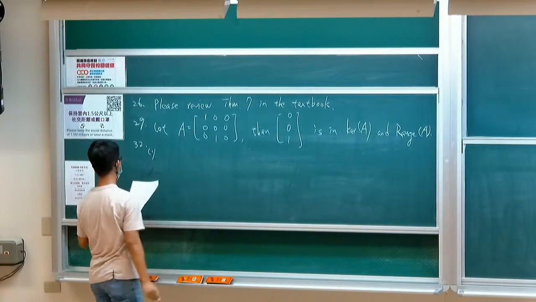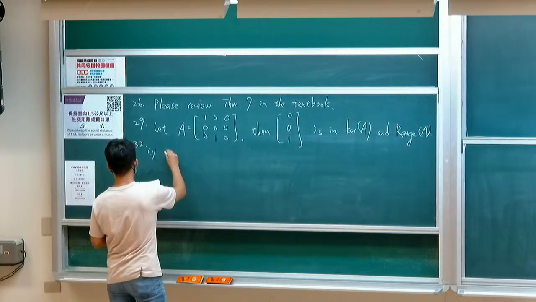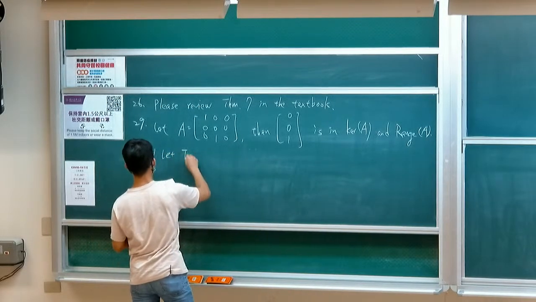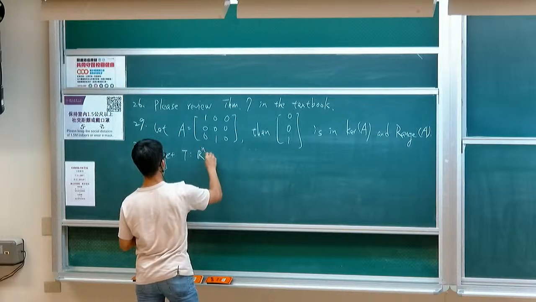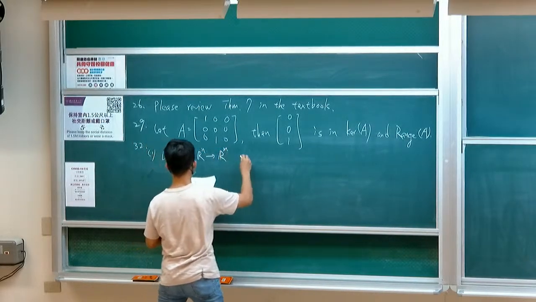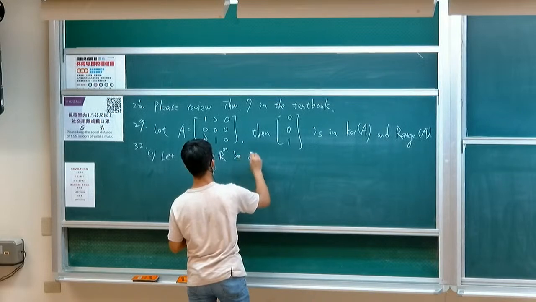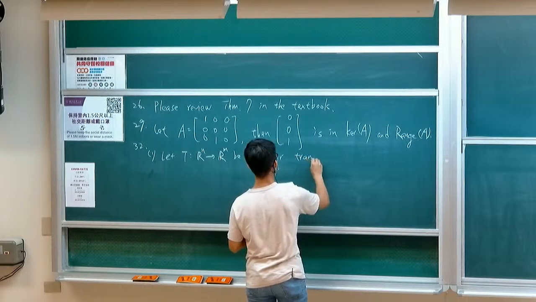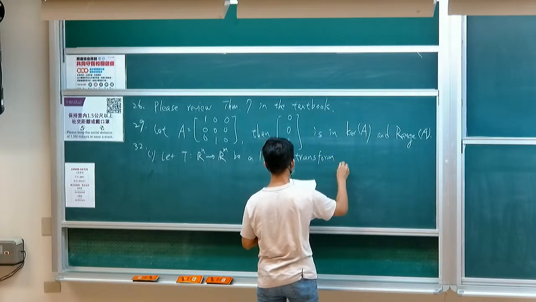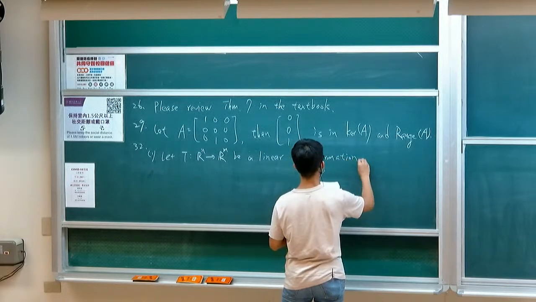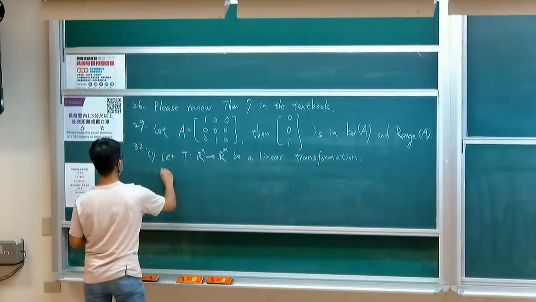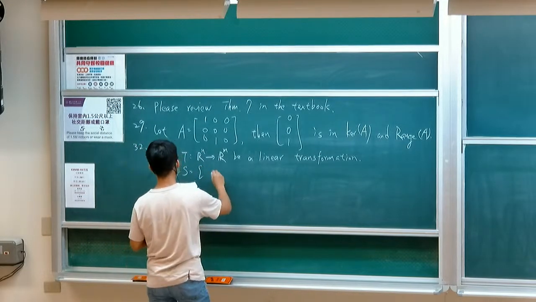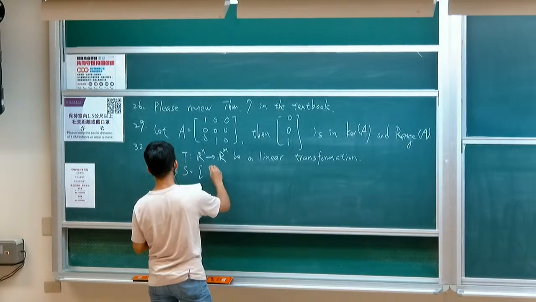For the first part of this exercise, first, we let T be a linear transformation from Rn to Rm, and let S be a finite linearly dependent indexed set of Rn.